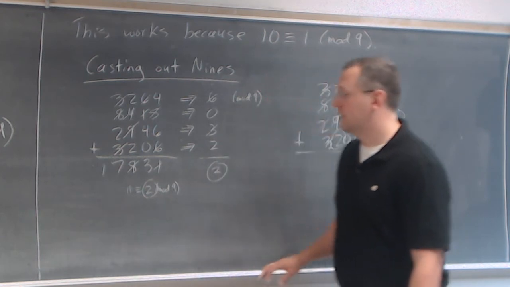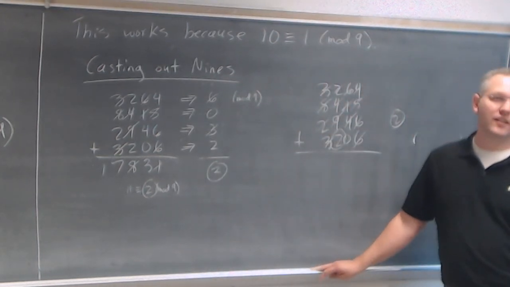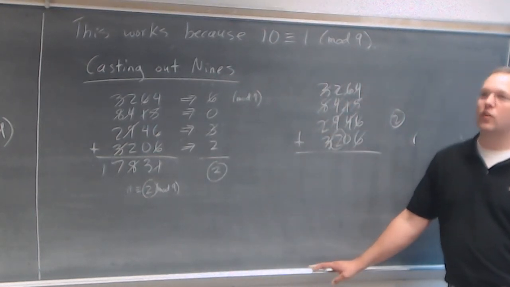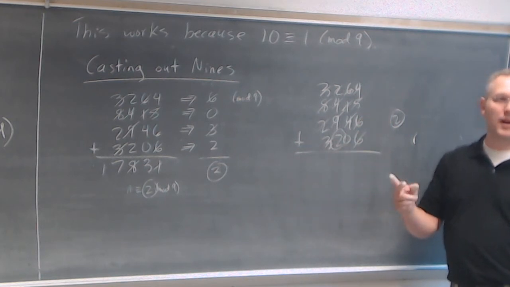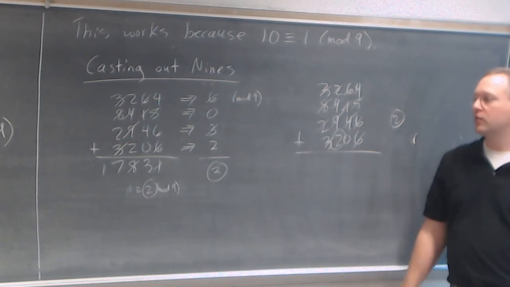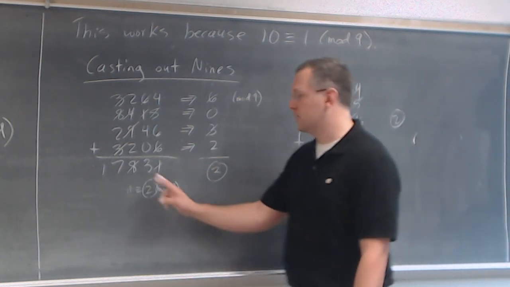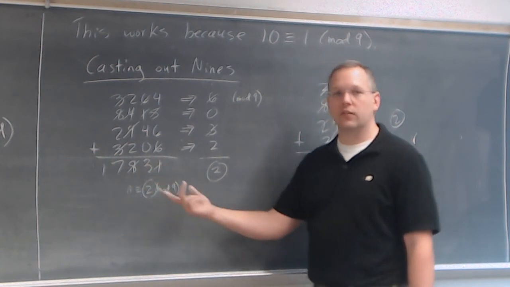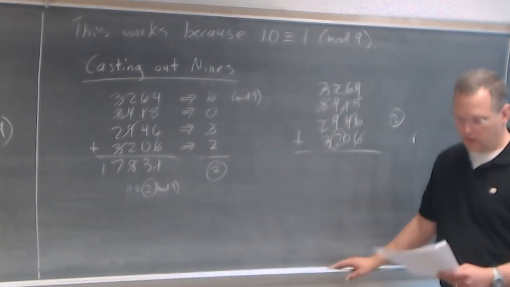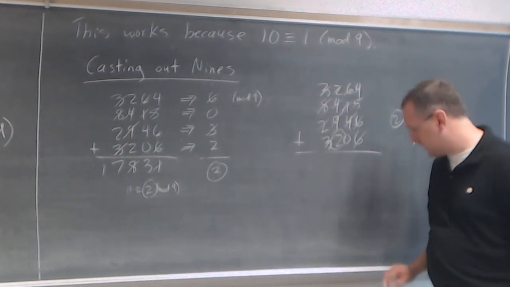If you've ever done data entry, that's one of the common mistakes. If you ever enter data and you're off by a multiple of 9, that's probably what happened. Two numbers got transposed, because you still have the same number mod 9. It's still congruent mod 9, but it's a different sum. So this is called casting out 9s.